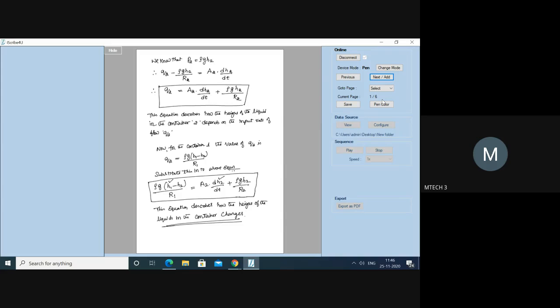Write down the assignment. Explain the various basic building blocks for hydraulic system. Clear?